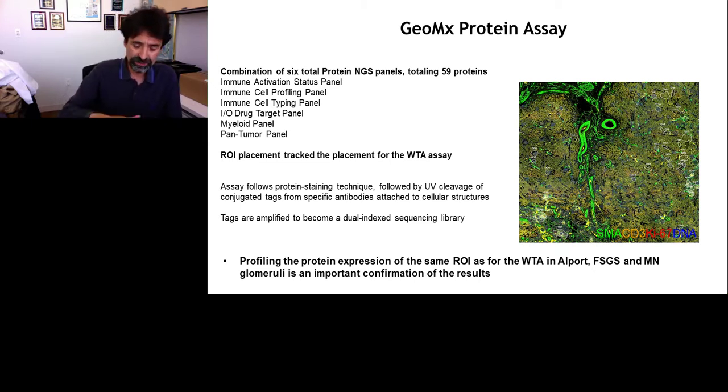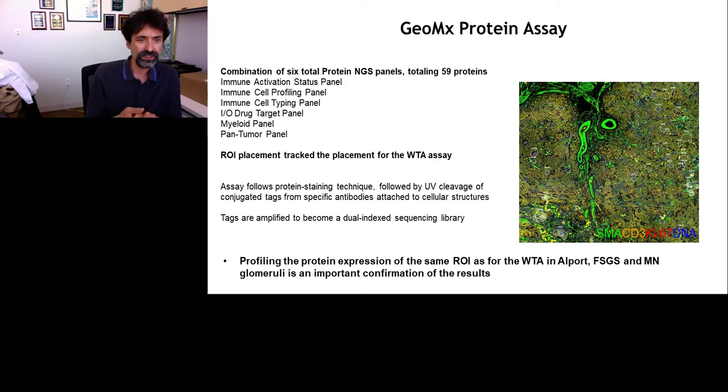And finally, together with the transcriptional profile, we also tested the protein expression profile within the kidney. So the same slides, actually serial slides, were also stained for different protein markers. The purpose of this staining was, on one hand, to validate the transcriptional profile, so that if we saw an upregulated gene, we could confirm that the protein was also upregulated.